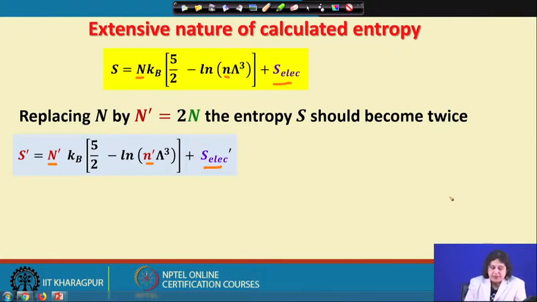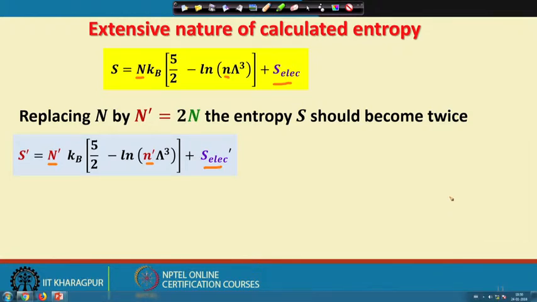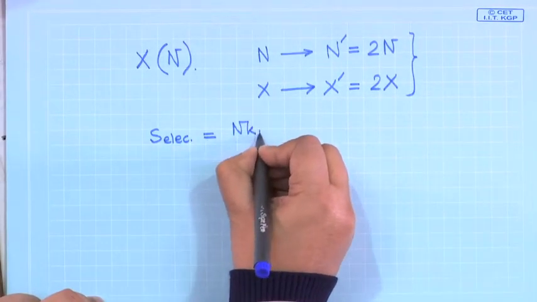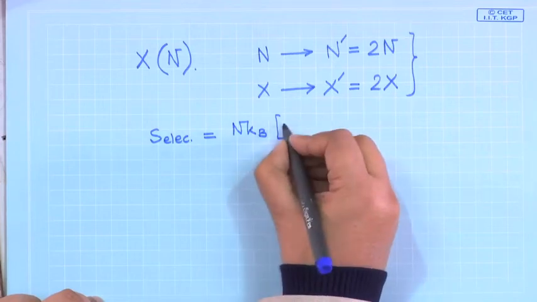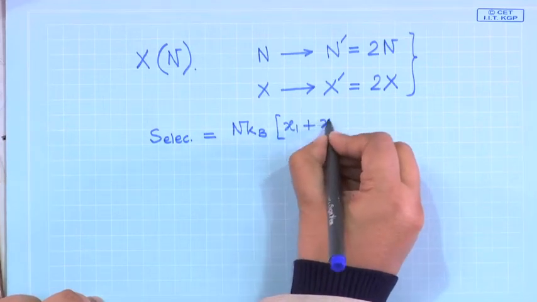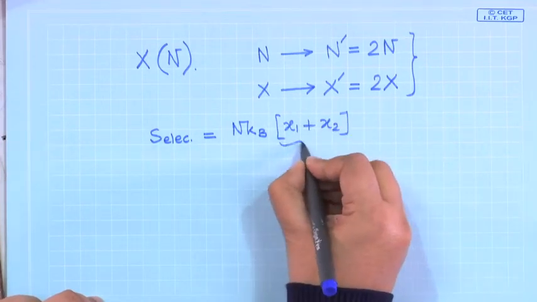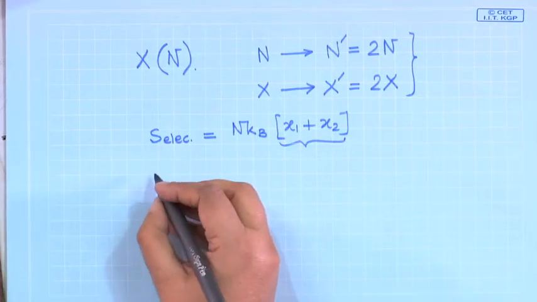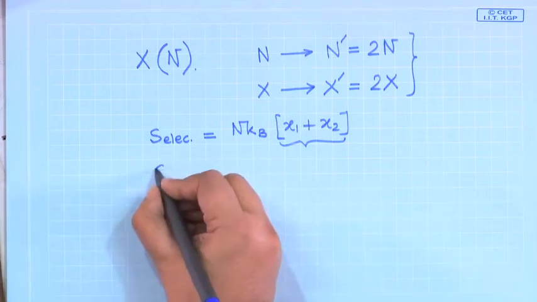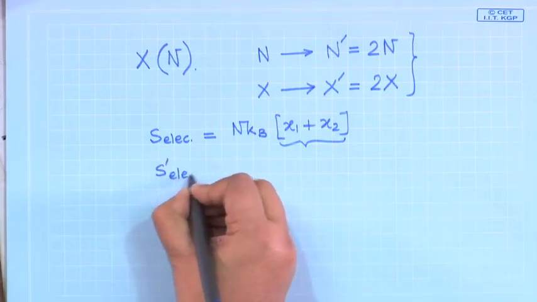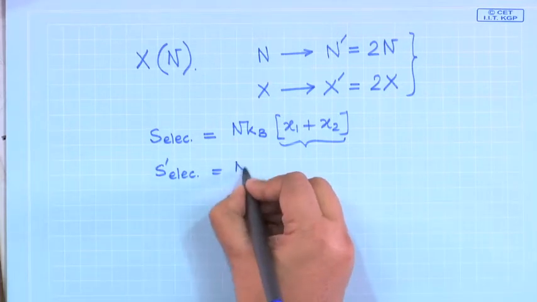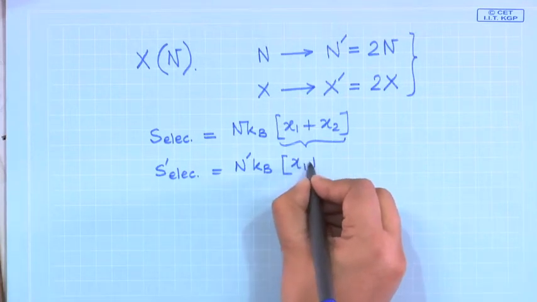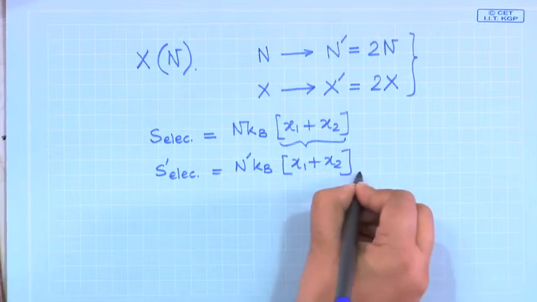Now, if you would remember, S electronic is a term that is N k_B into one particular sum plus another particular sum, and these two do not depend on N. So, in S electronic, if I replace N by N', S' electronic will now become N' k_B into the same X1 plus X2, correct.